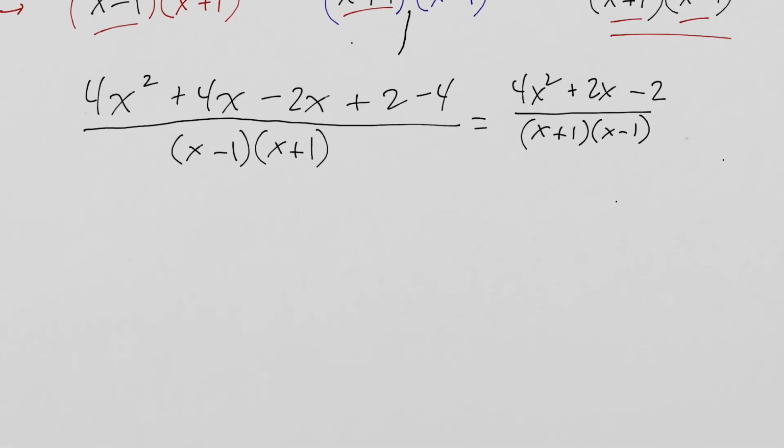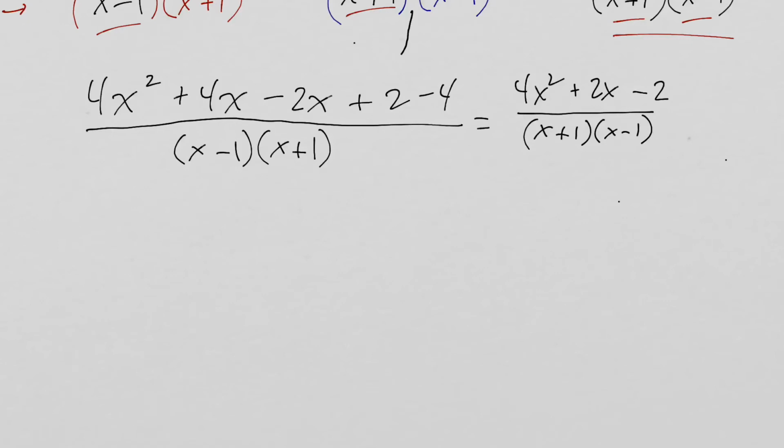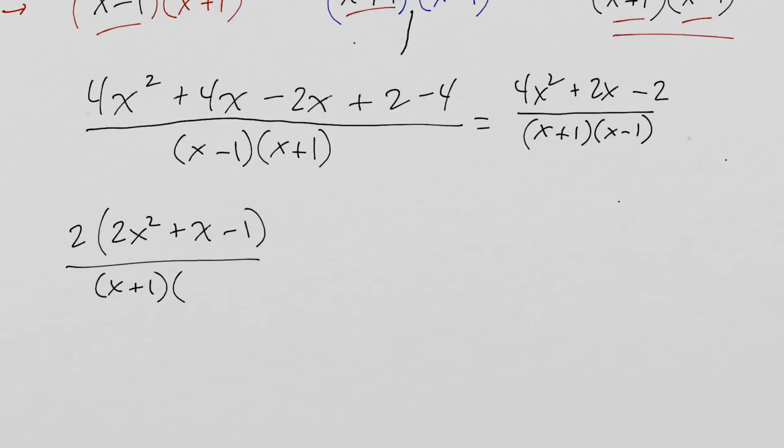Well, that works. Okay. So now I can factor a 2 out of the top, and I'm left with 2x squared plus x minus 1 all over this stuff. And I can factor further.